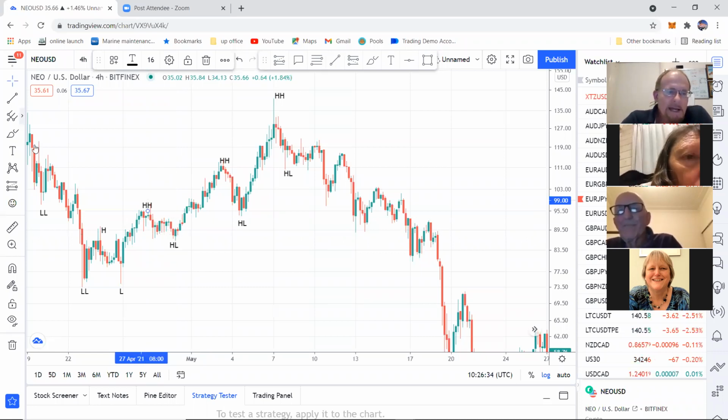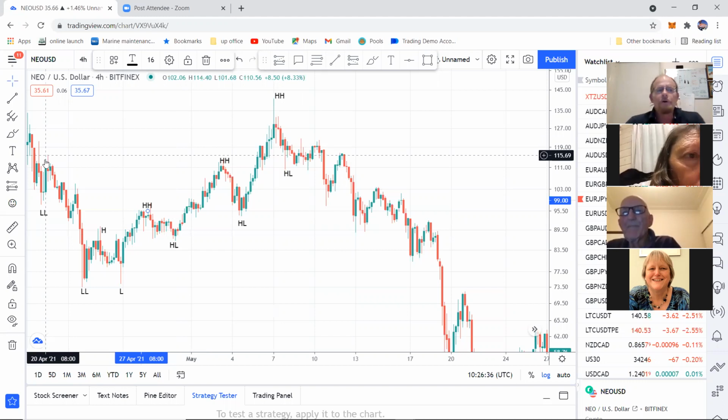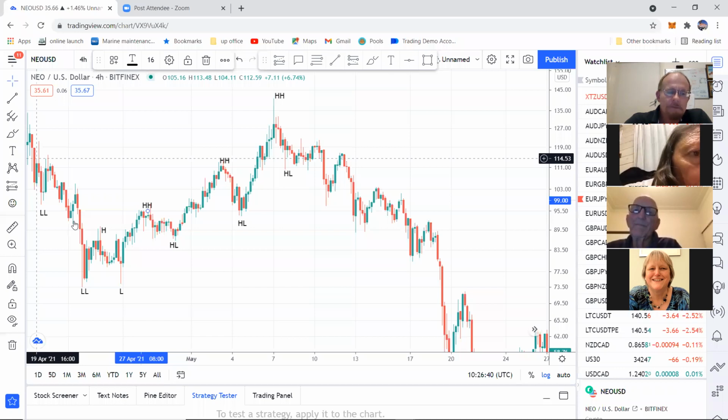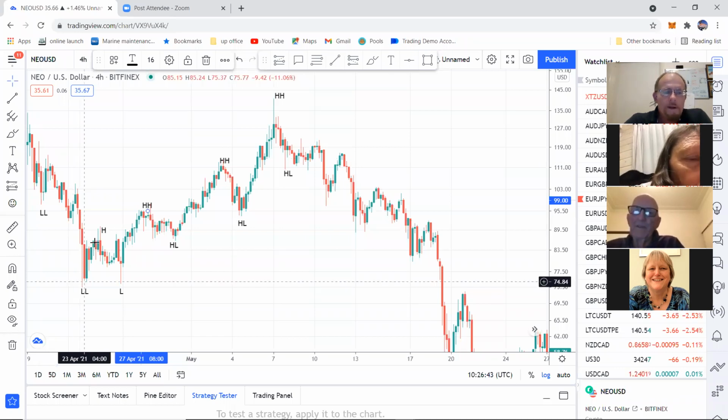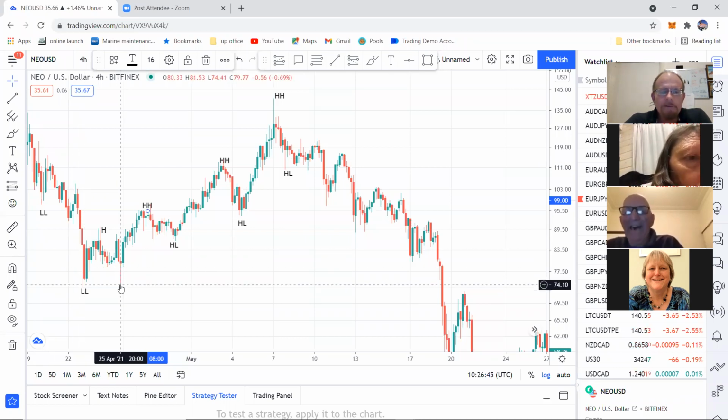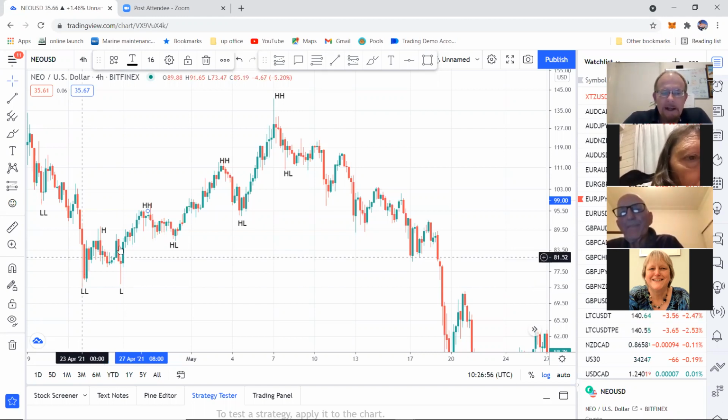So as the market came down here, I'd be looking for short orders or sell orders so that I would make profit as the market moved down. When this even low happened, I'd go, hang on, it's not doing what I was hoping anymore. I wouldn't be doing any trades at all here now because I don't know what's happening.